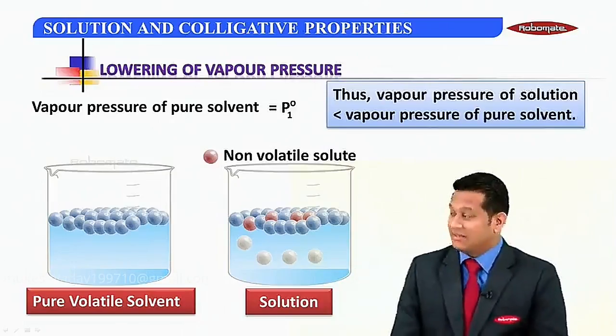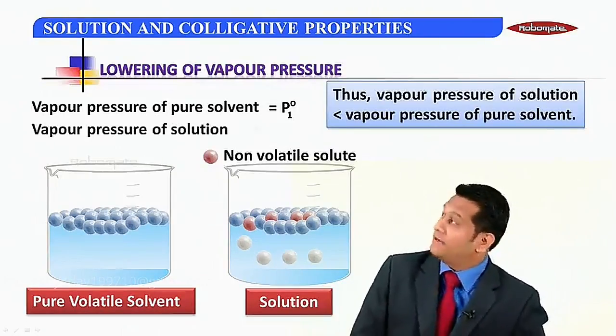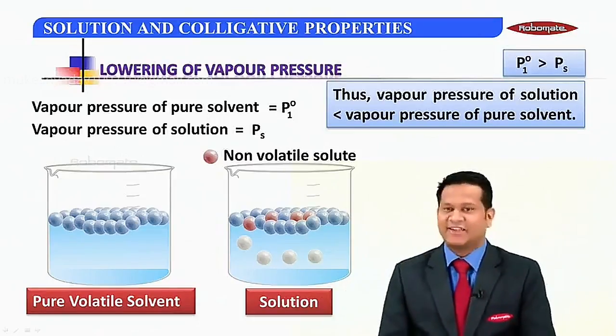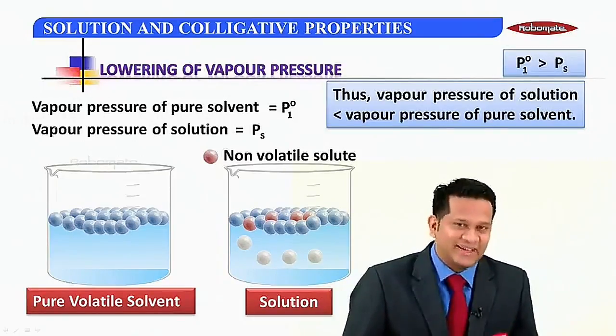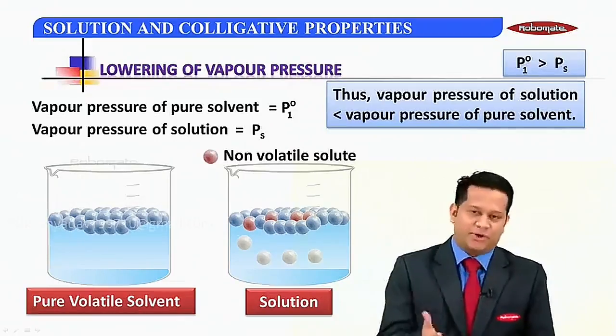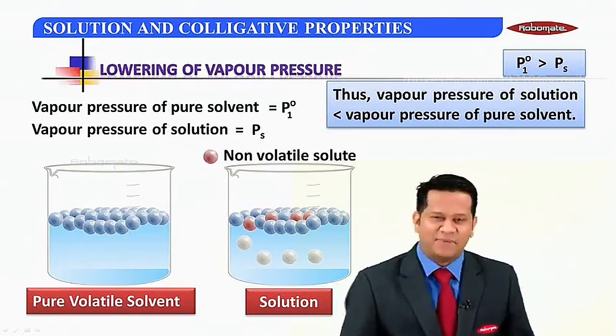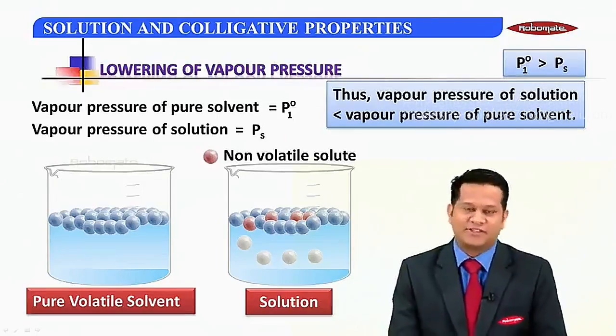If I say that the vapor pressure of the solution is given by the symbol PS, then P01 is greater than PS, where P01 is the vapor pressure of the pure solvent and PS is the vapor pressure of the solution.